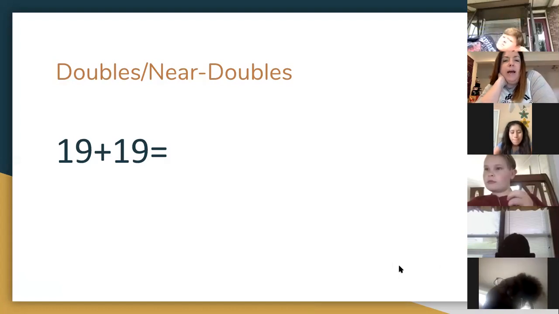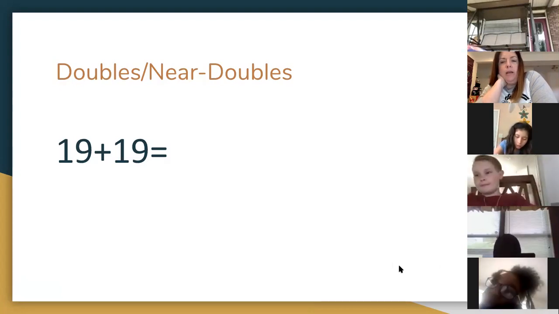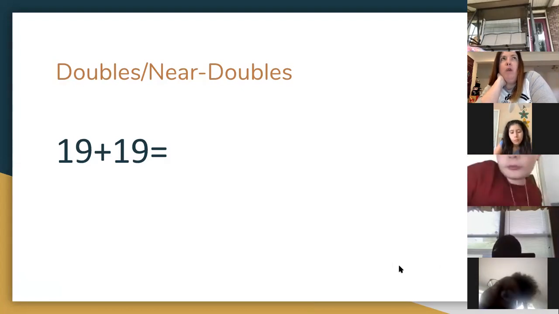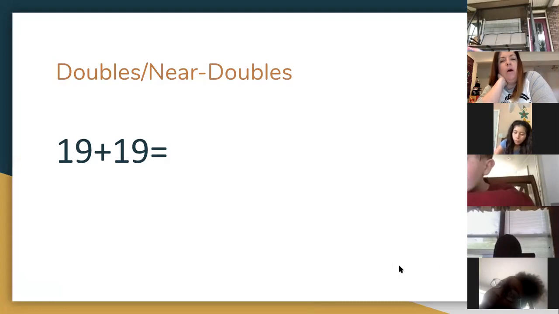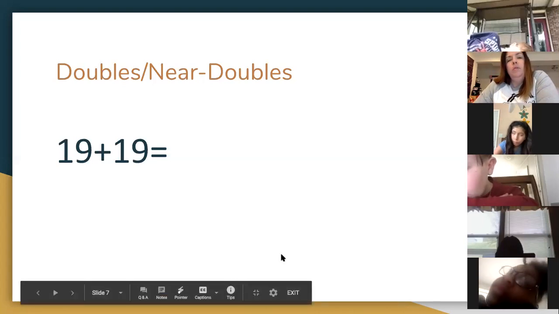So I've also had folks in the past say, well, I know 19 is 1 away from 20, right? So 20 plus 20 was 40, and each of those 19s is 1 away from 20. So I can subtract 2 and then get 38. Just another way to do that.